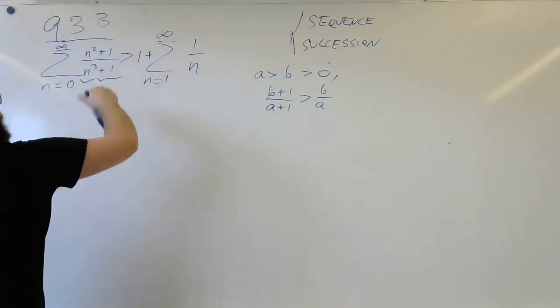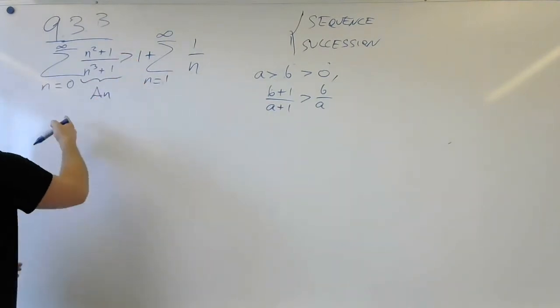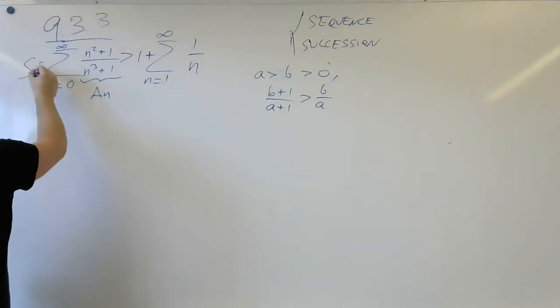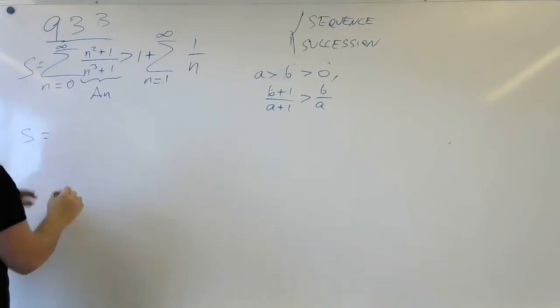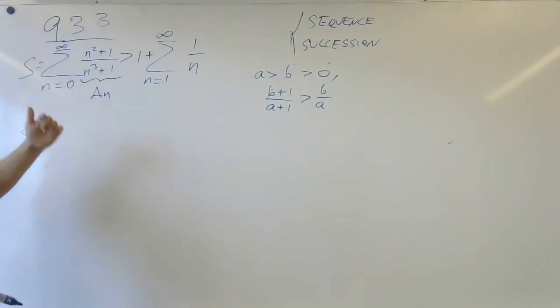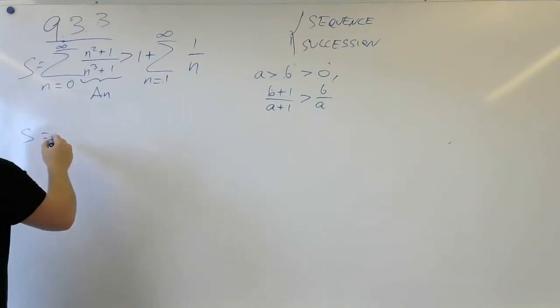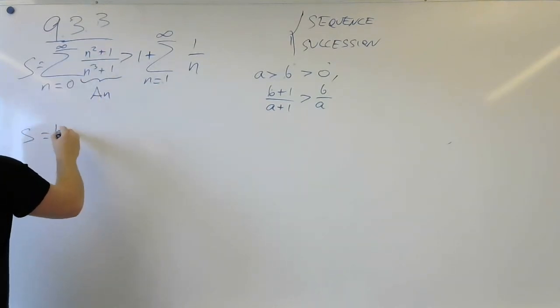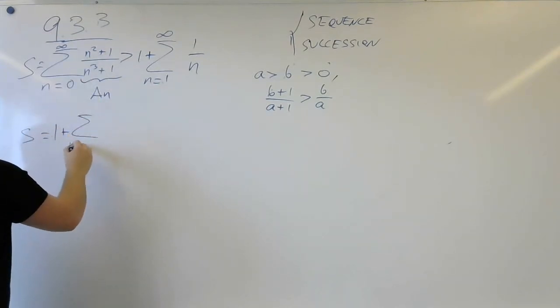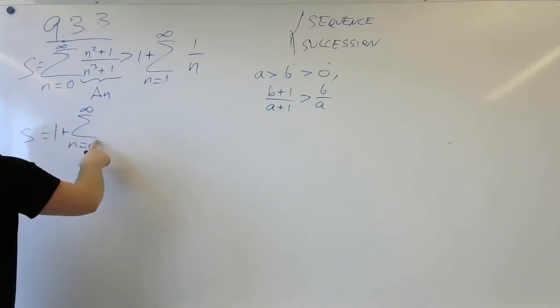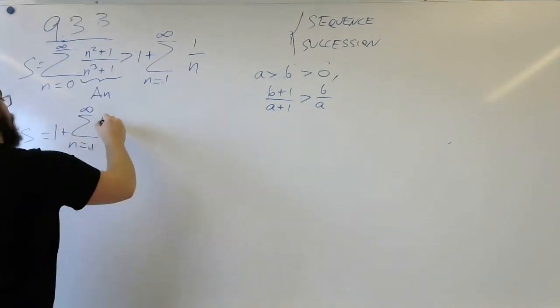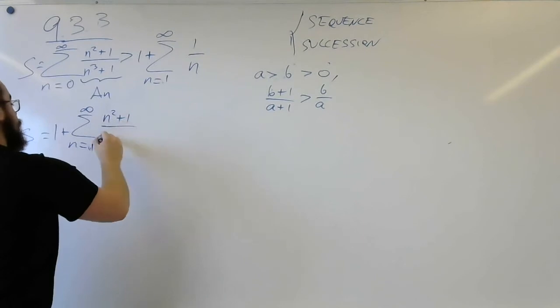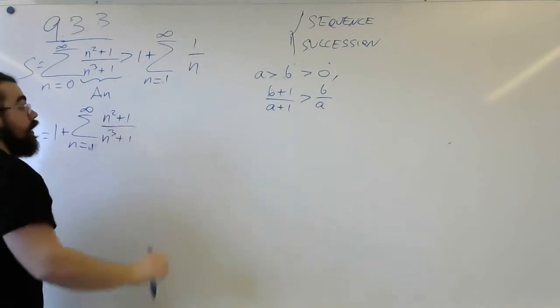Okay, there are two intermediate steps, so I'm going to go out of my way to explain this. And let's call this sum S. If we take out the term in 0, the term in 0 is 1, and so we have the term from 1 of n squared plus 1 over n cubed plus 1.